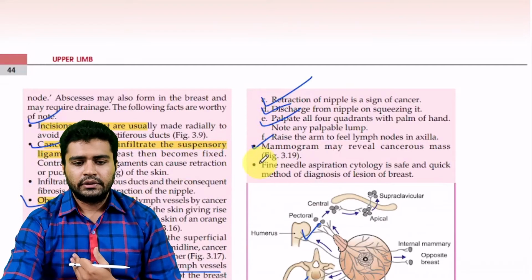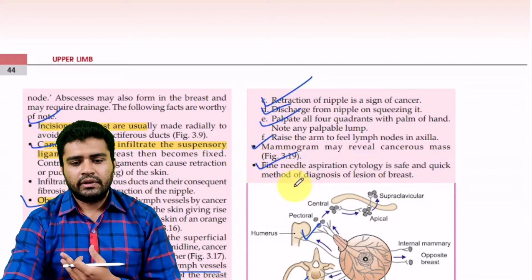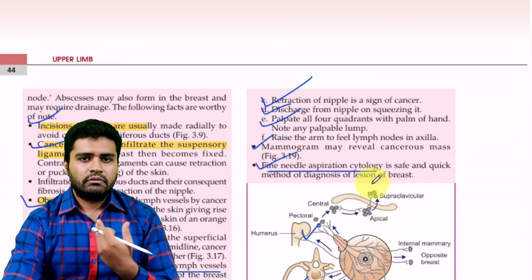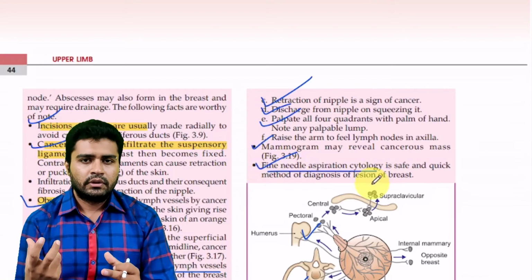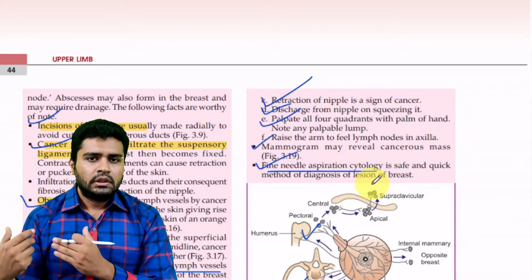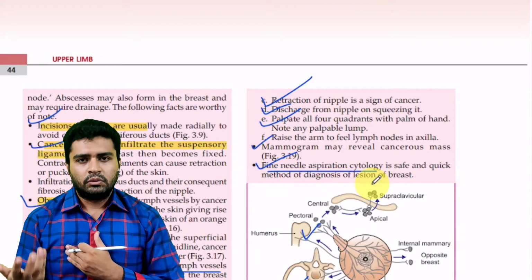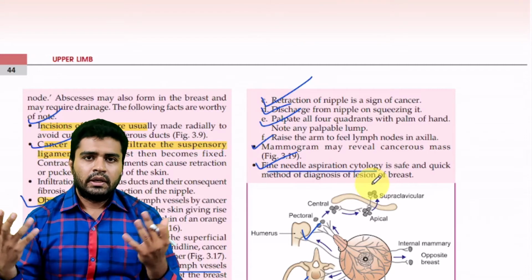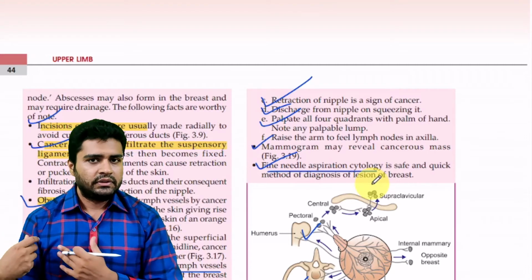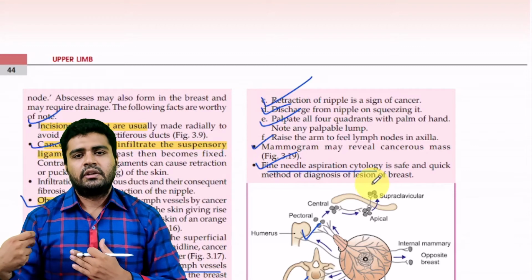Another method is FNAC, the fine needle aspiration cytology, in which we insert a needle with the help of a syringe. It can be USG guided or it can be blind also. Blind means just by experience we pass the needle and aspirate the material.